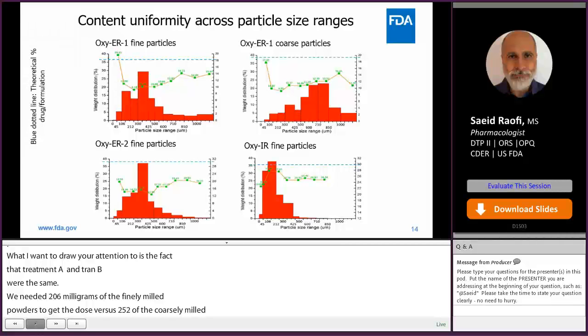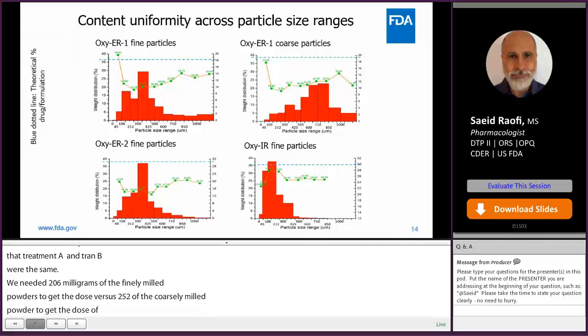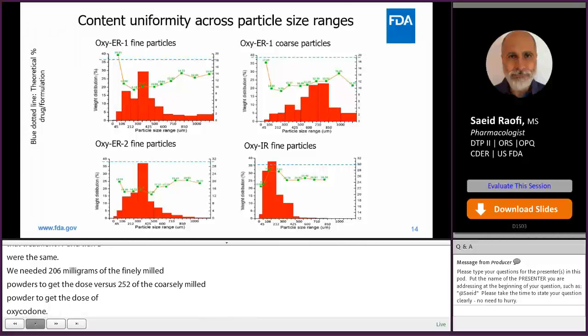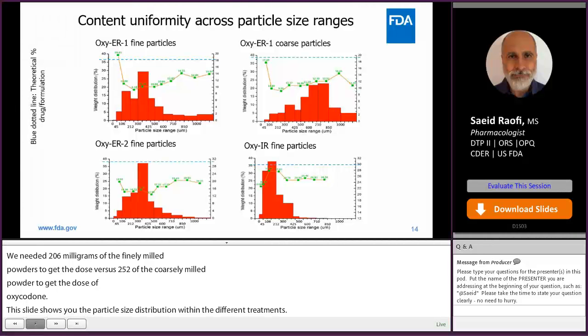This slide shows you the particle size distribution between the different treatments. The figures on the left show the particle size range distribution for the abuse-deterrent formulations.